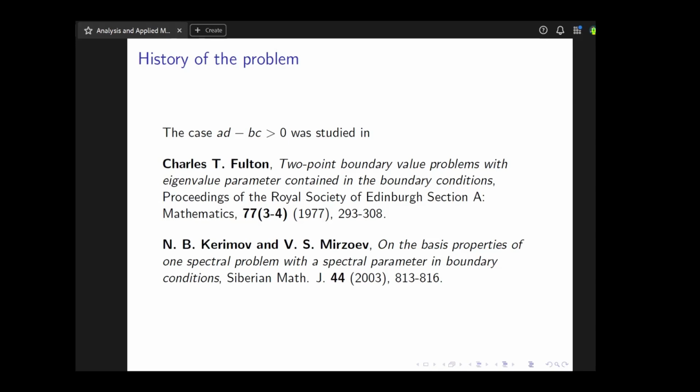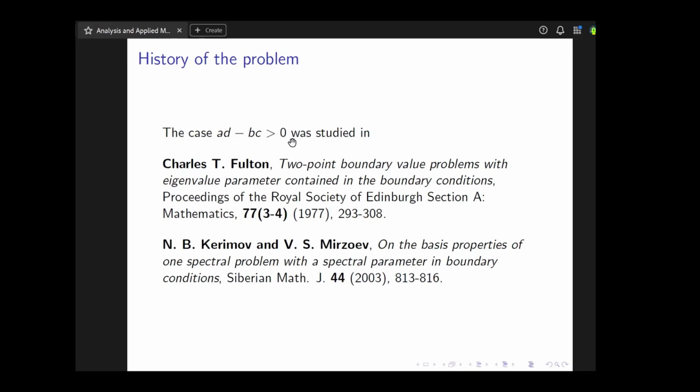The biorthogonal system is explicitly constructed, and then using quadratic closeness, I will tell more about this method in coming slides, and using Bari's theorem they proved basis.